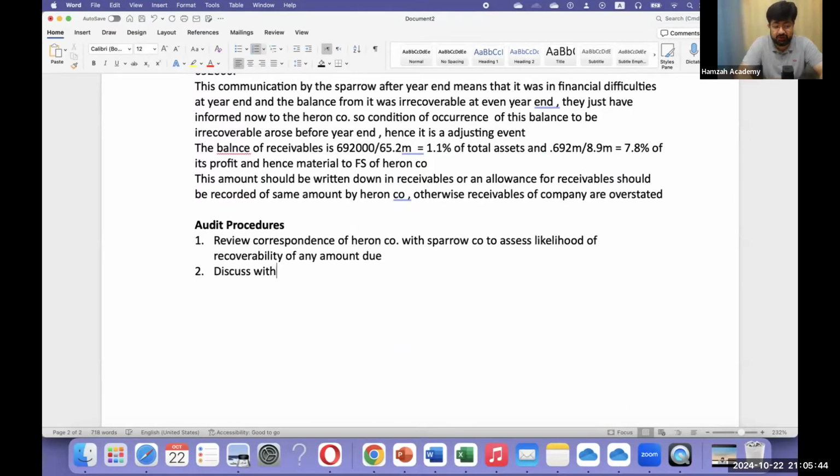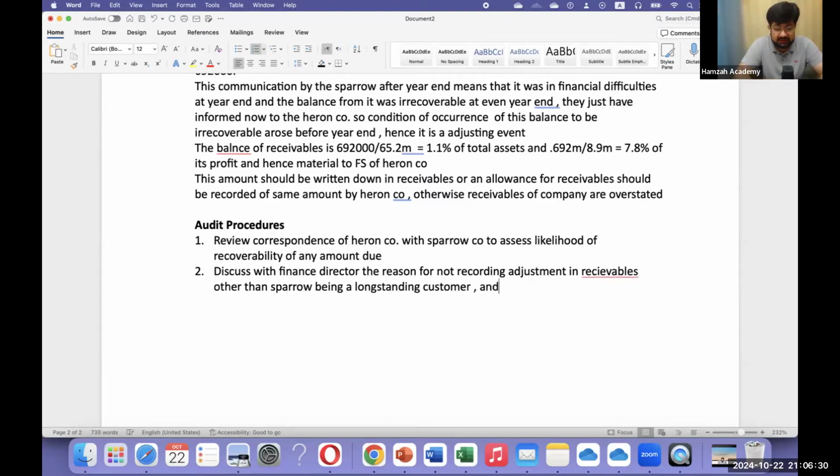Discuss with the finance director the reason for not recording an adjustment in receivables, other than Sparrow being a long-standing customer, and assess the validity of their response.